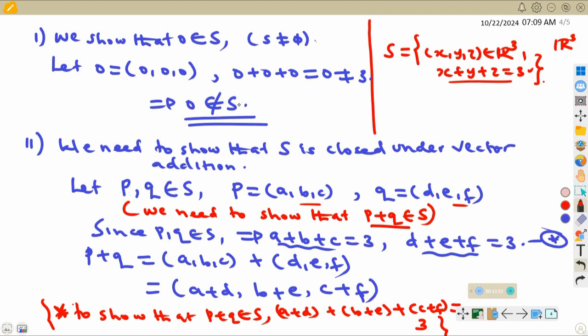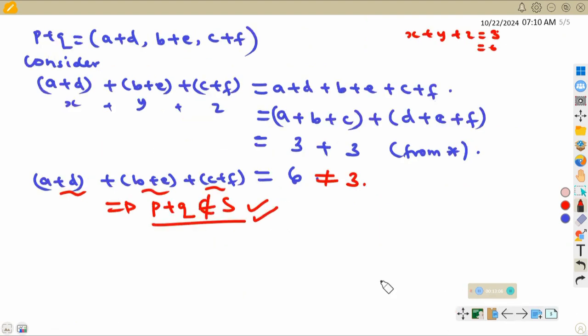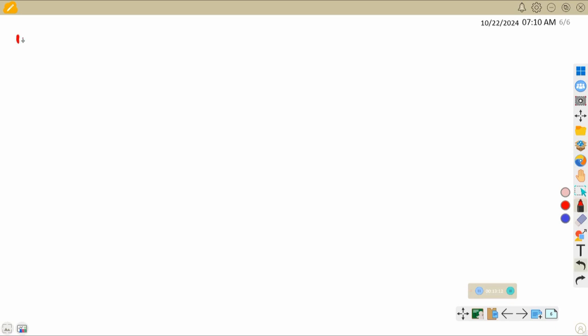But let us look at the last condition, which is closure under scalar multiplication, and see whether it will also be satisfied. So condition number 3.